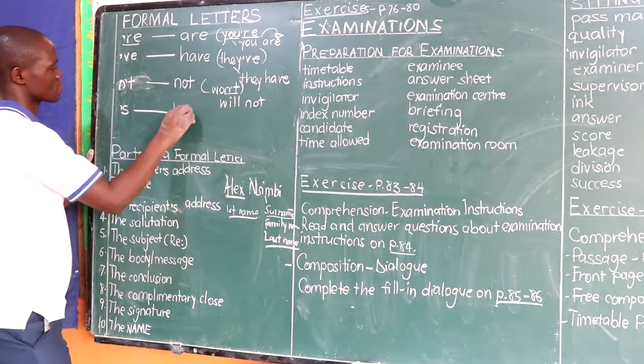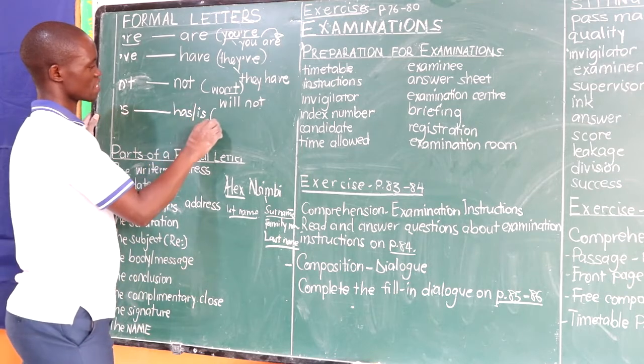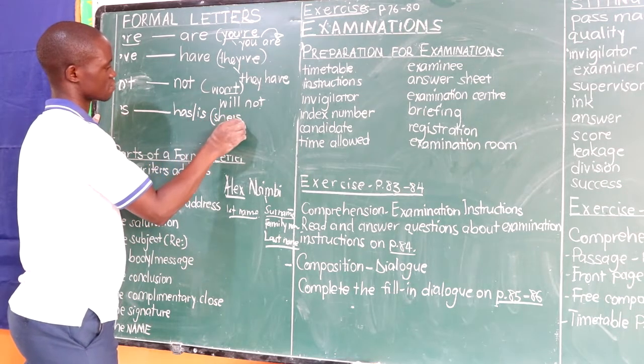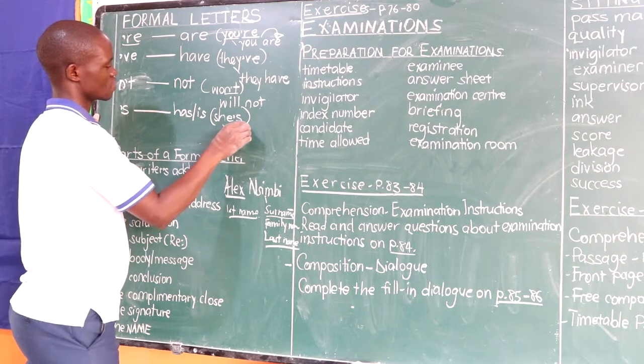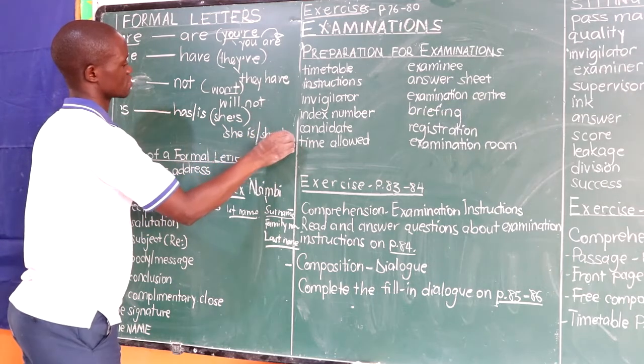or is. Meaning, if I say an expression like she apostrophe S, the answer will be she is. Another one can say she has.